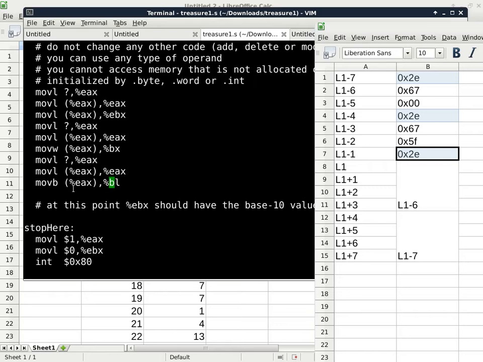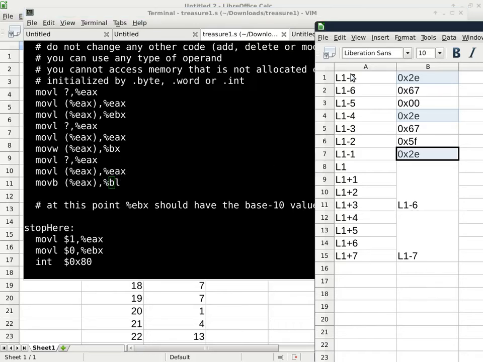But the question is, EAX itself is also getting its own content from some address. In this case, EAX is an indirect operand to put back into EAX. So that means L1 minus 7, L1 minus 4, or L1 minus 1 has to be stored somewhere in memory.